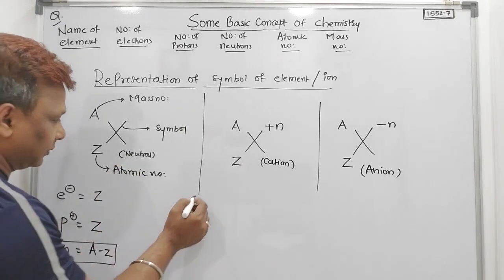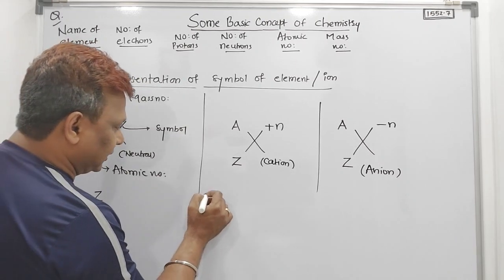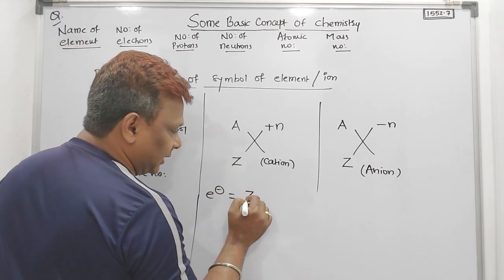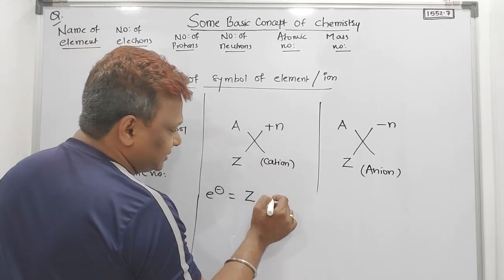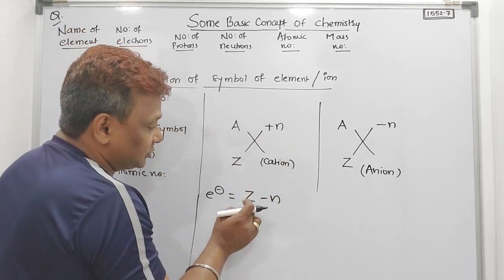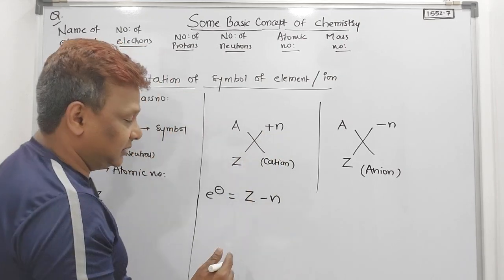For a neutral atom, now come to the cation. For a cation, the number of electrons is equal to Z minus n, because plus n means minus n. Suppose it is plus 2, so Z minus 2. Suppose it is plus 3, Z minus 3.